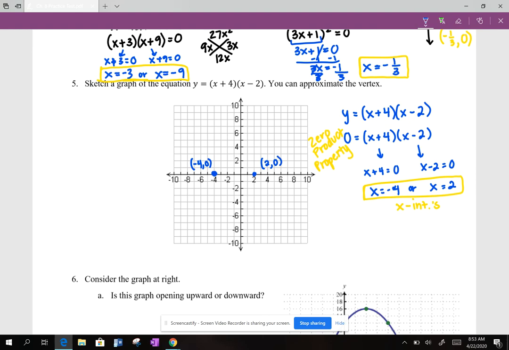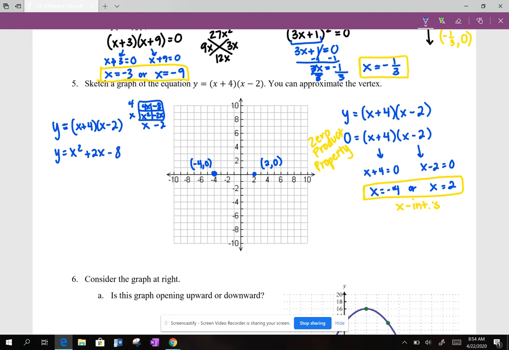Really quickly, let's multiply x plus 4 and x minus 2 using a generic rectangle to get this into standard form. Let's see, let me add those terms all up, plus 2x minus 8.